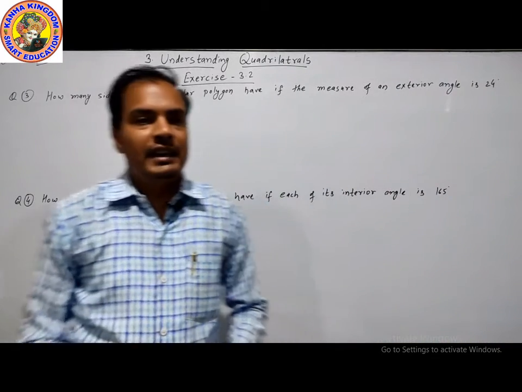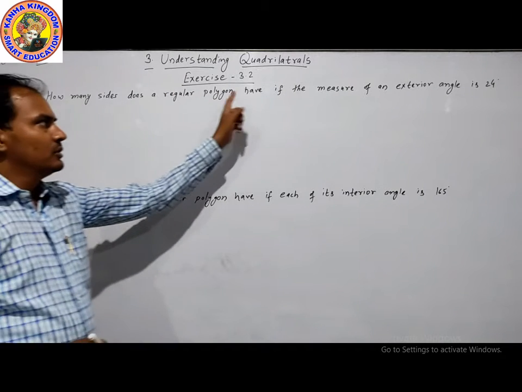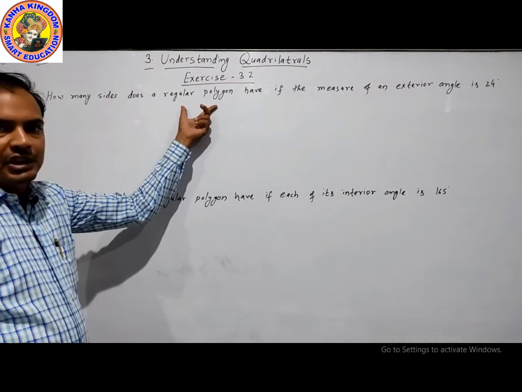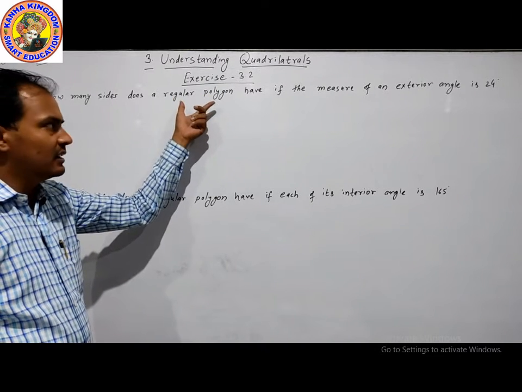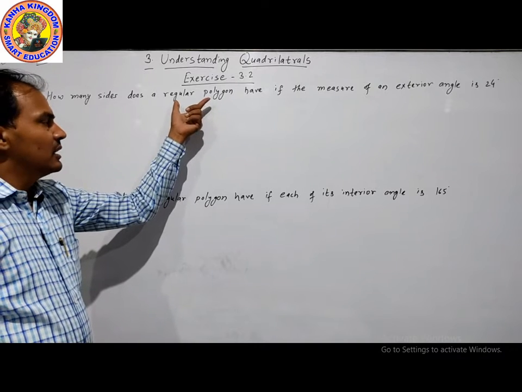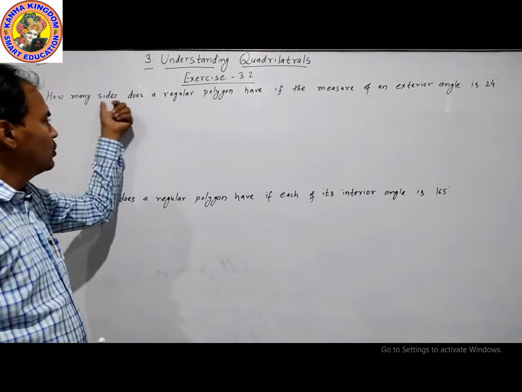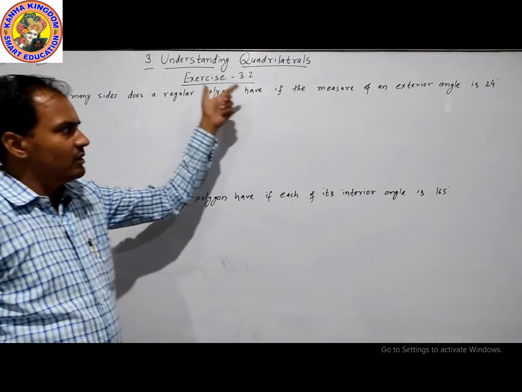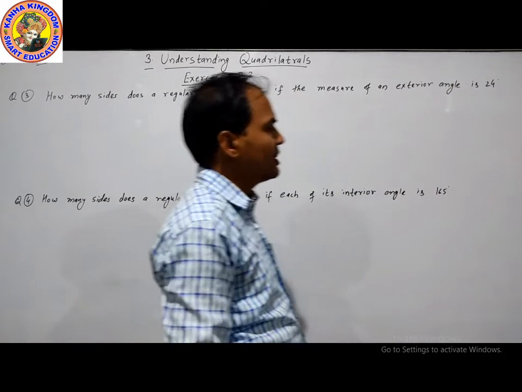Now our next question is question number 3. How many sides does a regular polygon have? A regular polygon has equal sides, equal interior angles, equal exterior angles, all the angles of the polygon are equal. How many sides does a regular polygon have if the measure of an exterior angle is 24?